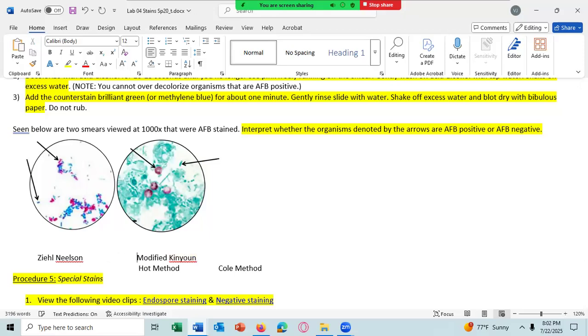Hopefully yours won't be off. Hopefully that's right. Ziehl-Neelsen method and the modified Kinyoun method.